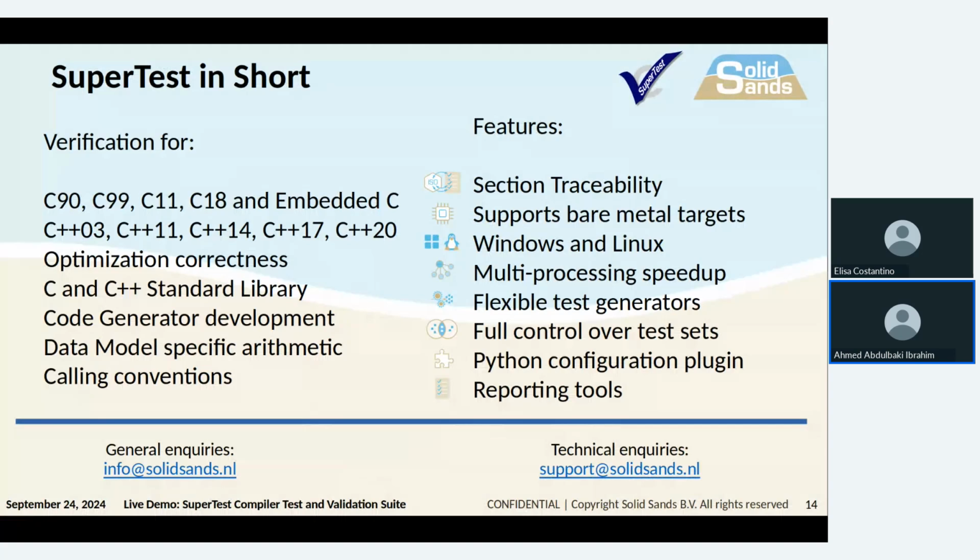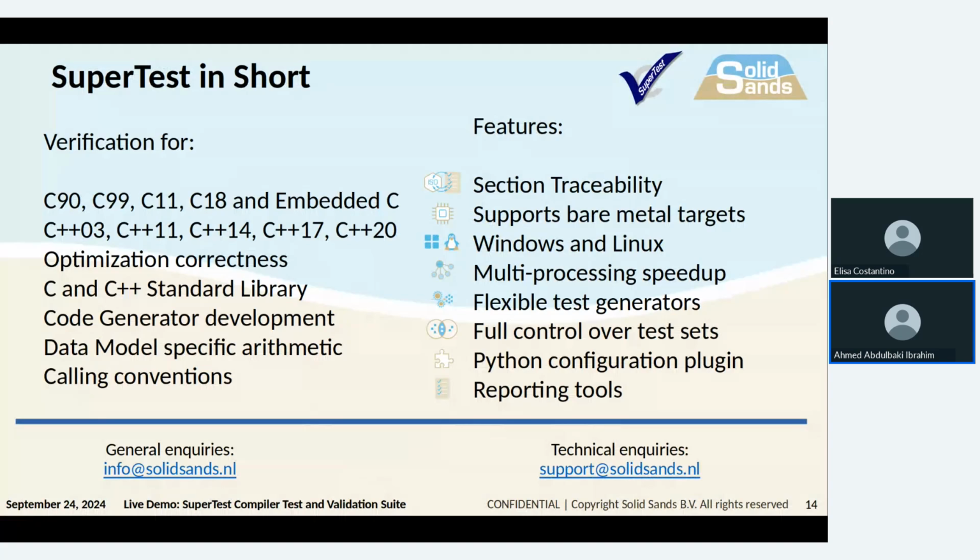Another question would be, what is the benefit of SuperTest compared to a safety certified compiler that is commercially available? And for this one, the main answer would be in terms of flexibility.